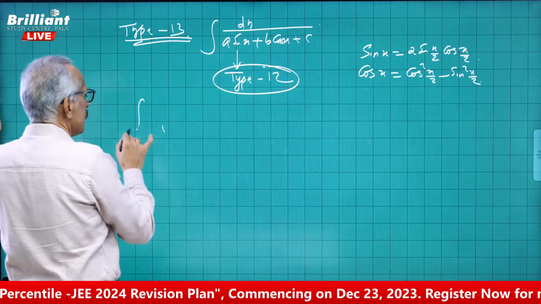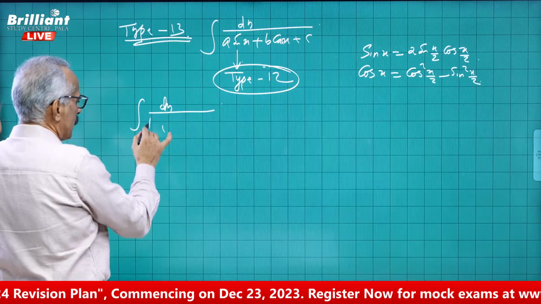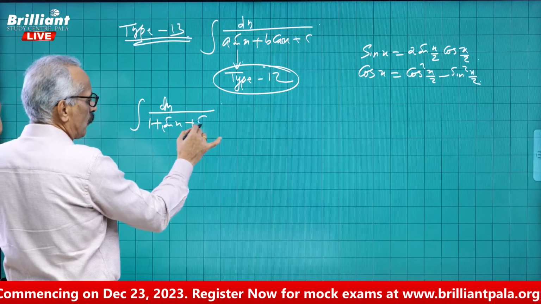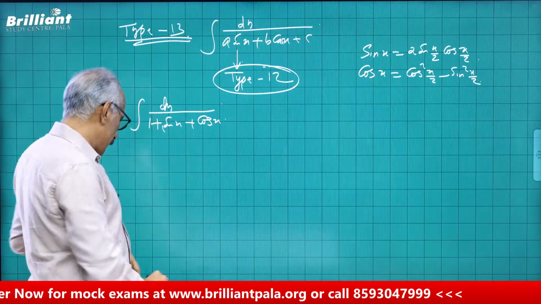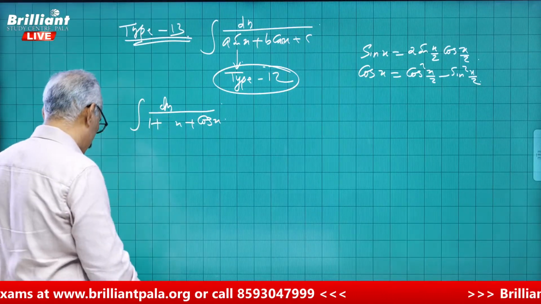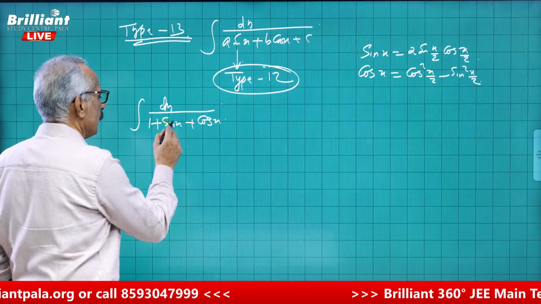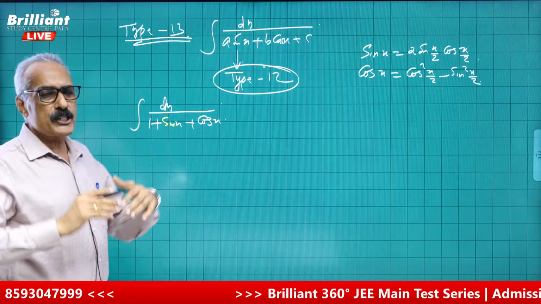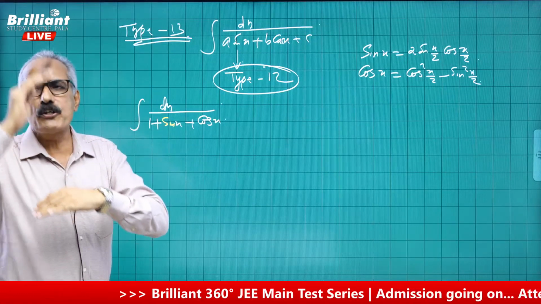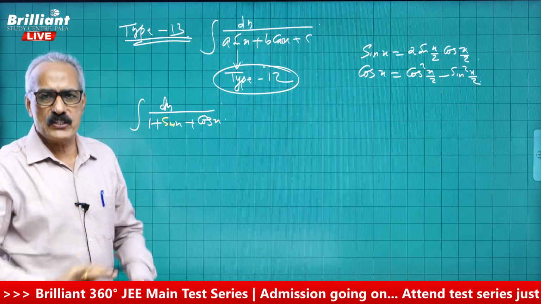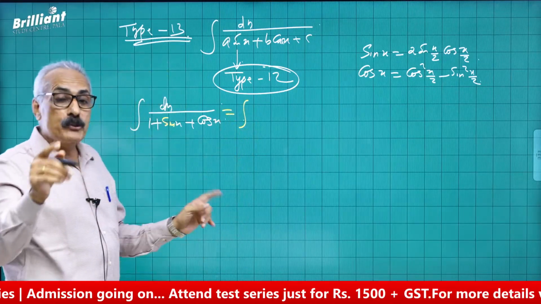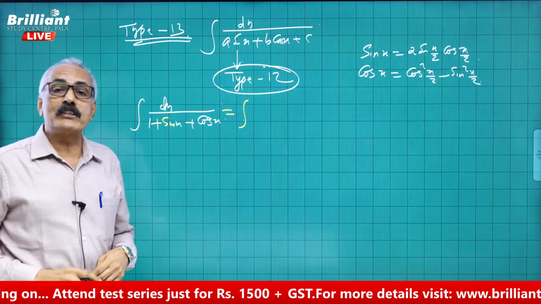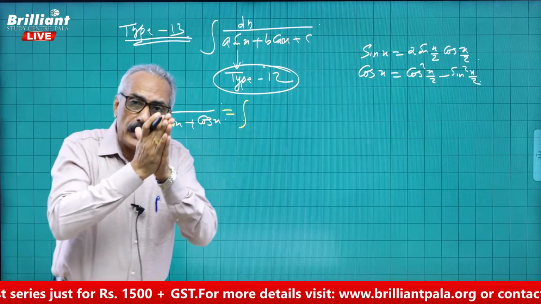One example: integral dx divided by 1 plus sin x plus cos x. So distinguish this type. 1 divided by first degree. It's not first degree by first degree, and it's not 1 by second degree. It's 1 by first degree. So you observe your integrand. 1 and cos x, wherever you find, you group them together.